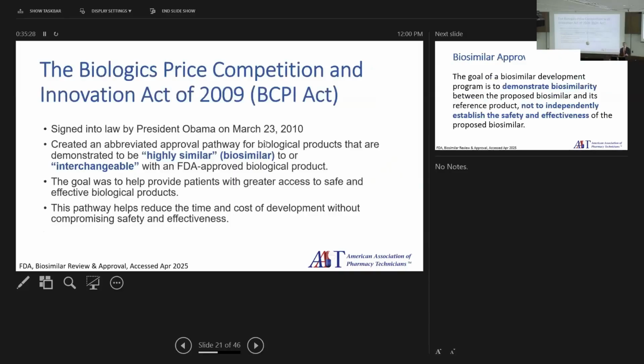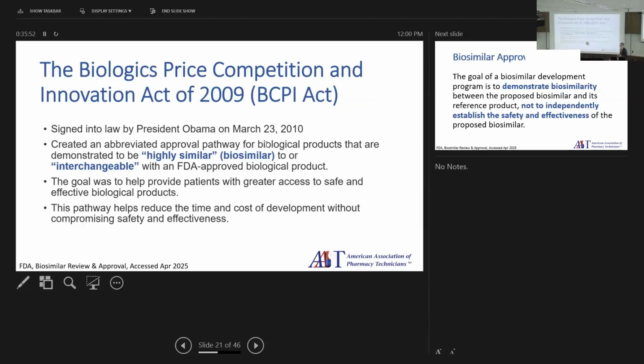So if it takes so long from beginning to end to have a biologic enter into the market, the idea and the goal of the 2009 Biologics Price Competition and Innovation Act was to help provide patients with faster, greater access to effective biological medicines.